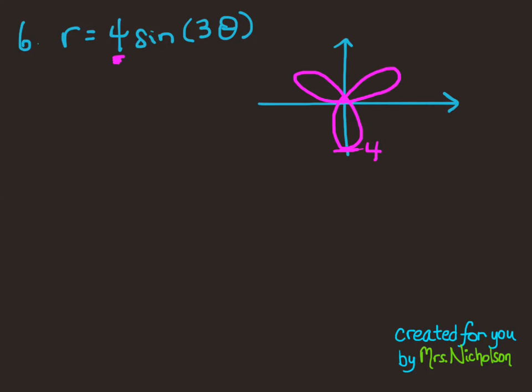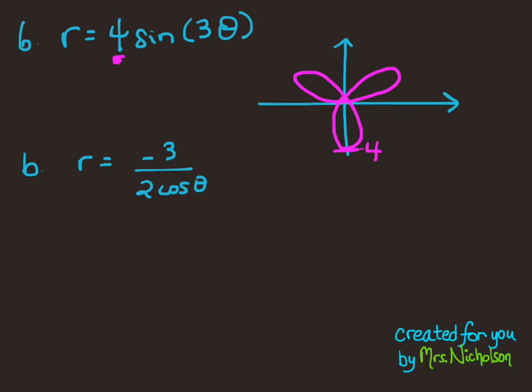Alright, let's move on to question B. In question B here, we're given a polar equation. R is equal to -3 over 2 cosine theta, and we're asked to convert this to a rectangular equation. Whenever you're converting from polar to rectangular equations, one of the main things that we're trying to do is, if we have a cosine or a sine, we need to get it to be multiplied by r.